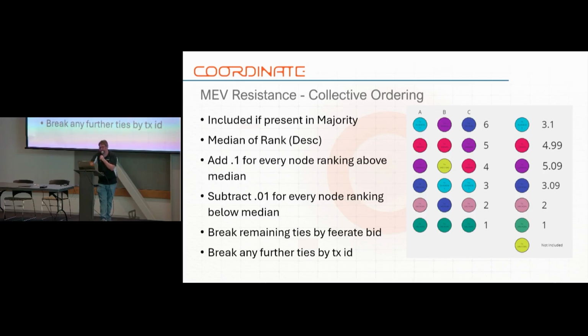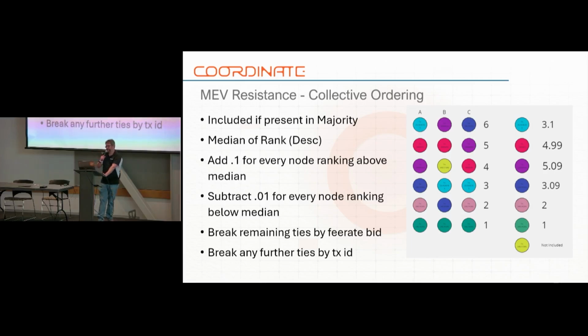And then you take the median ranking of the orders, and they all reconcile to one median value, which determines the ordering rank, and then you have a series of tiebreakers, and those are offset asymmetrically. So in other words, if three have a higher rank, you add 0.1 for each of those three. So it's like 0.3 to the weighting.